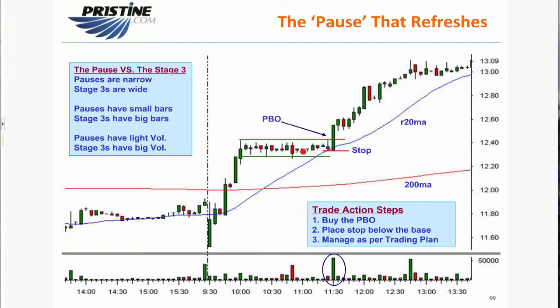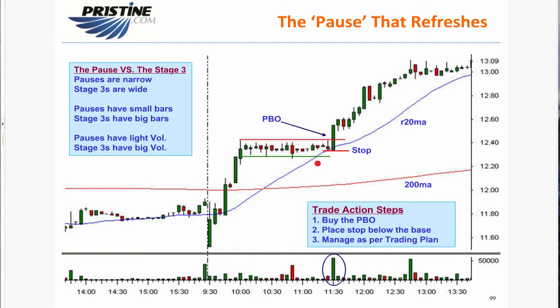The volume here is also light, relatively speaking, within this consolidation, as opposed to a stage 3, which will generally see greater amounts of volume because there's greater indecision. And then, of course, there's the rising 20 MA. We're going sideways into the rising 20 MA, which is another indication that this is getting ready to break out, and we're going to look to buy it above the top of the range.